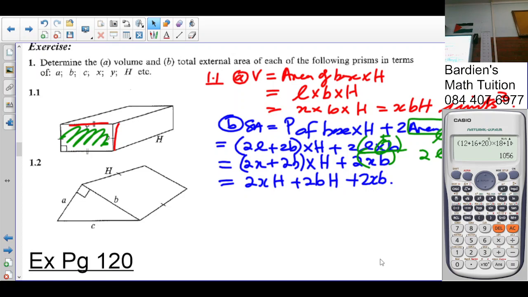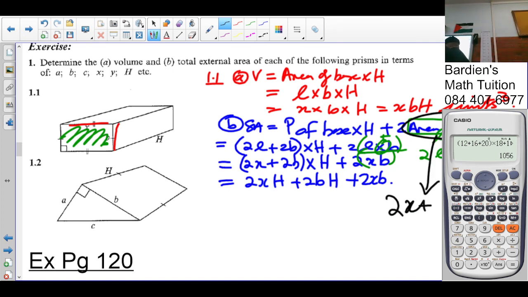You are saying I'm supposed to have written here 2x plus 2b. That is what you're saying. Right or wrong? So 2 brackets L times B. L times b. So now what is this answer if you multiply that? 2L plus 2B.